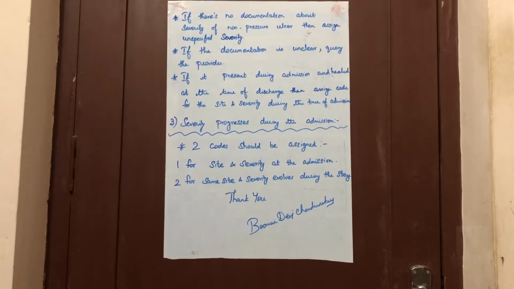For this type of documentation, we have to query the provider about the stage and site of the pressure ulcer, to get some information from the provider to assign the code.